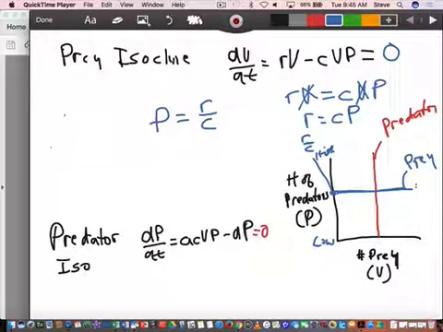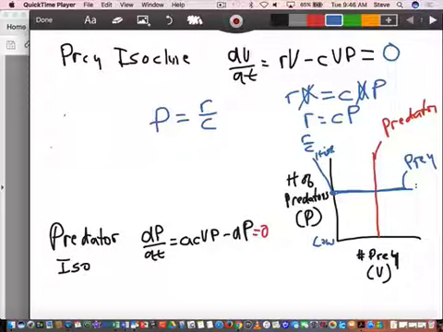Now do you get it? Below this line, the prey are below that isocline, that equilibrium line. Let's think of it as there being relatively fewer predators in the environment. So what should happen to prey population size? It's going to go up.